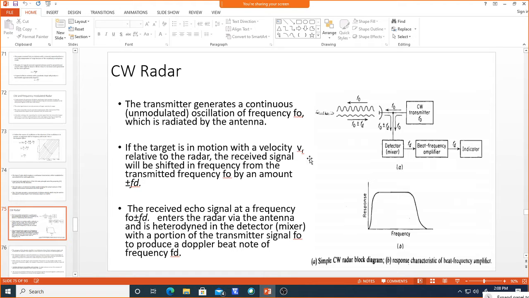As we said, if the target is in motion with the relative velocity vr, we get the Doppler frequency shift by the amount plus or minus fd.